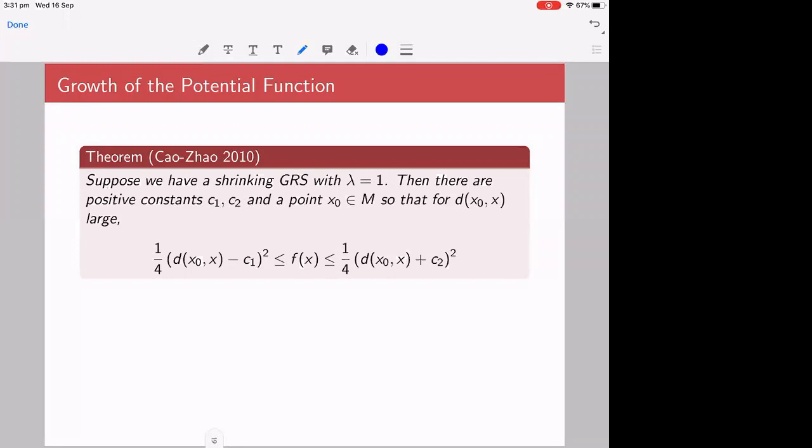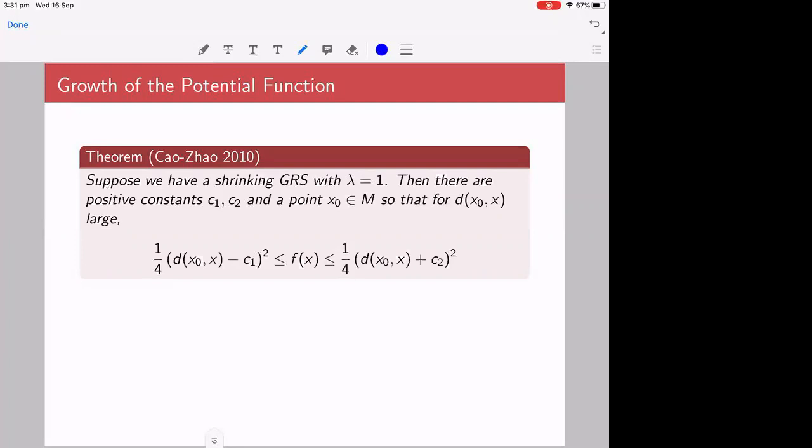So, theorem. Suppose we do have a gradient shrinking Ricci soliton with lambda equals 1. It doesn't cause any loss of generality to assume that lambda equals 1 because we can always scale and change lambda accordingly.